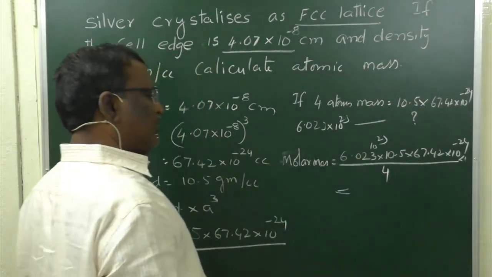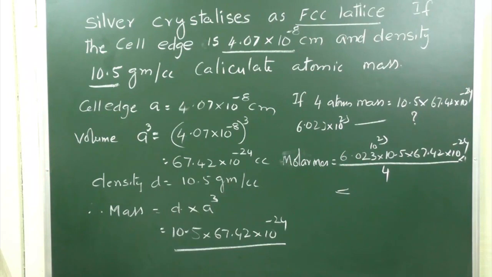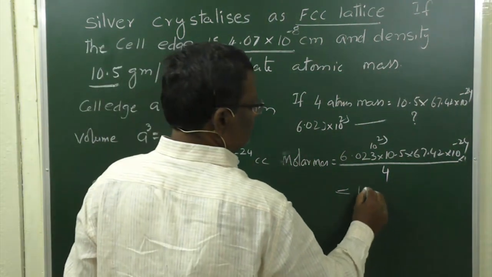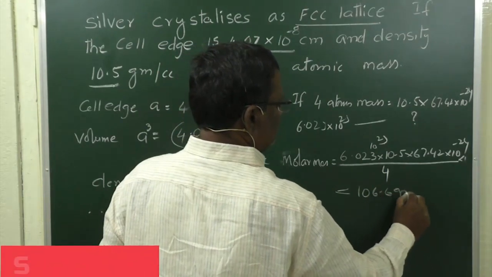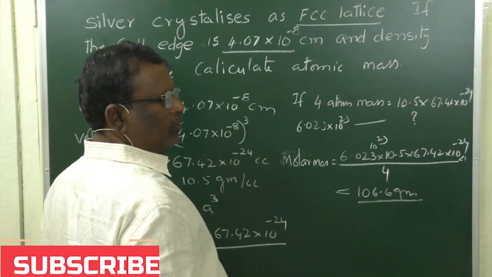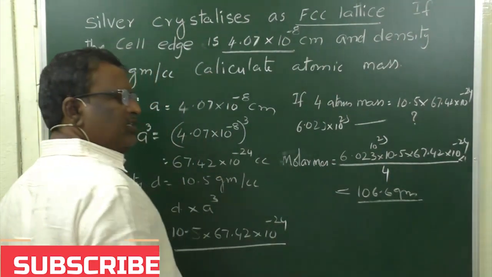Now you have to simplify to get it. On simplification, the value will be 106.6. This is the molar mass of the substance, that is the mass of 1 mole. So, atomic weight is 106.6.